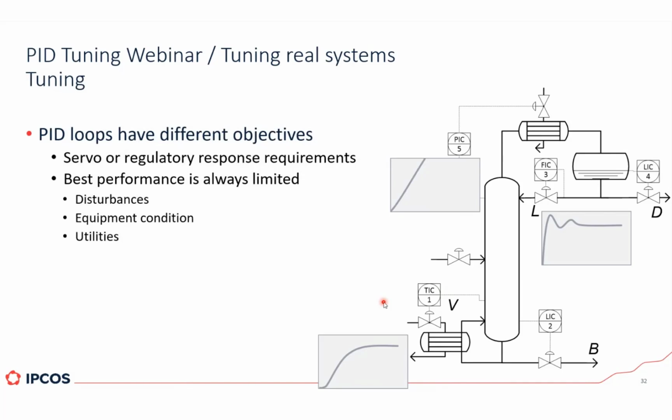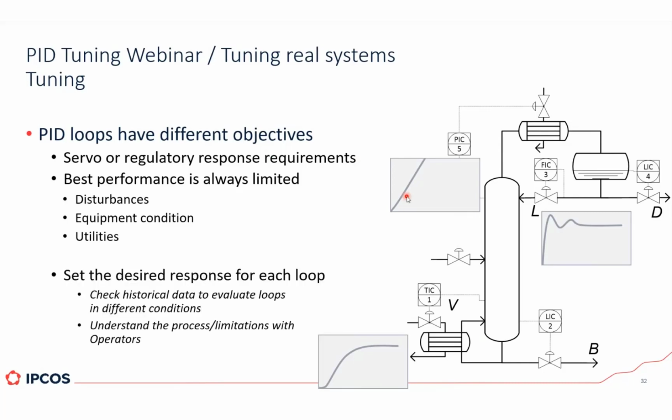And the tuning, we saw before that it's not very easy to define the rule we want to use, because we don't know exactly how these rules were defined or the objective of each rule. But we know that our loops in the process have different objectives, right?